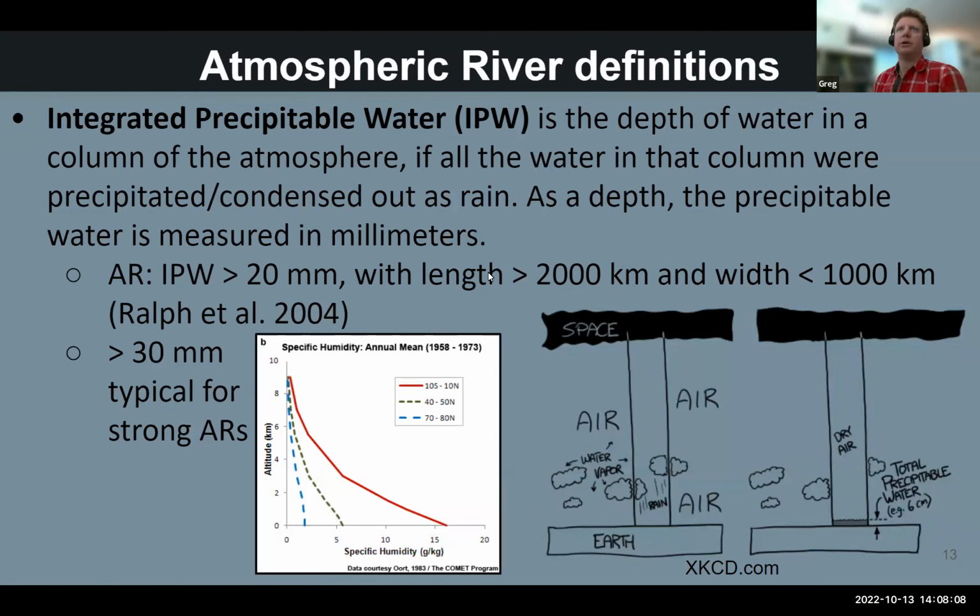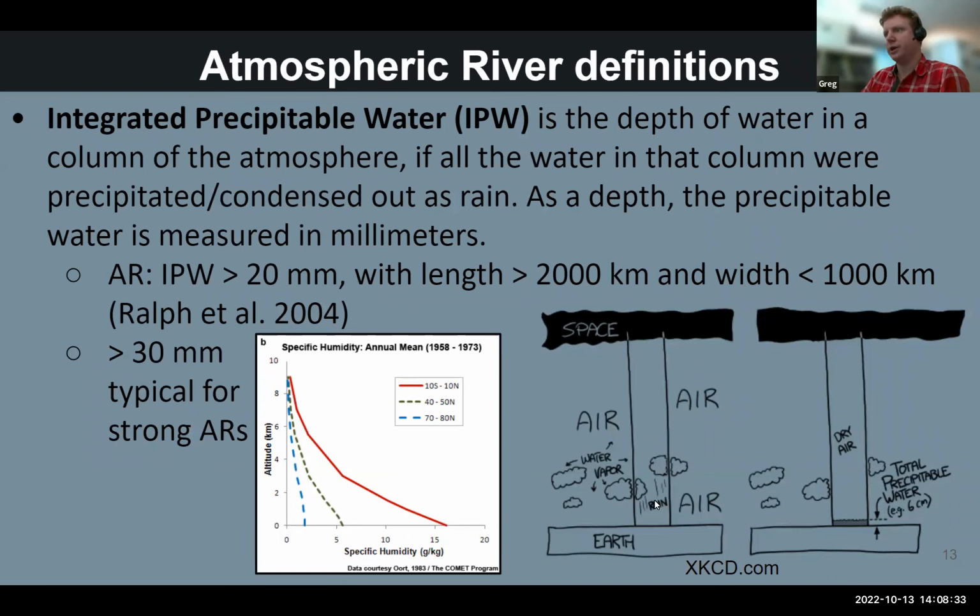So first, integrated precipitable water is the depth of water in a column of the atmosphere if you were to precipitate or condense all the water out of that column as rain, and it's measured as a depth in millimeters. There's a little XKCD cartoon showing this. So you have the clouds, water vapor, and rain all in a column.